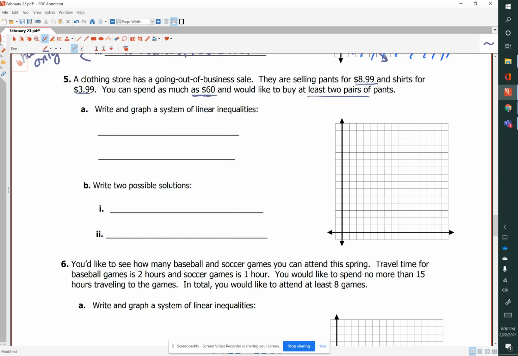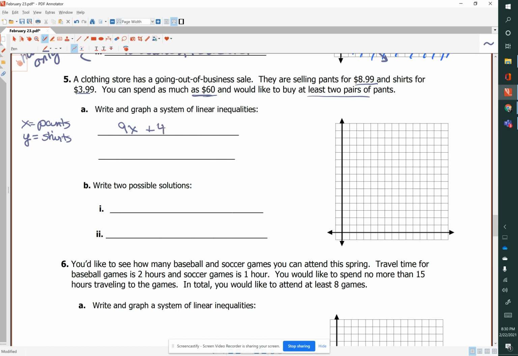So let's let X equal pants and Y will equal shirts. So pants at, I'm going to round up. I don't think it's a big deal. I'm going to just round up to 9X plus shirts are $4.